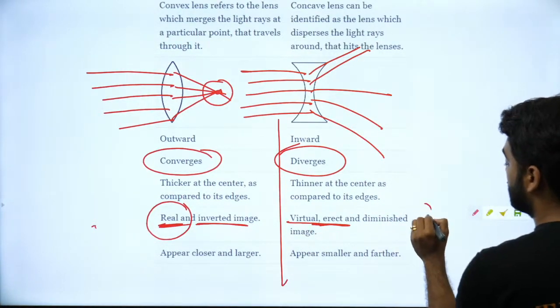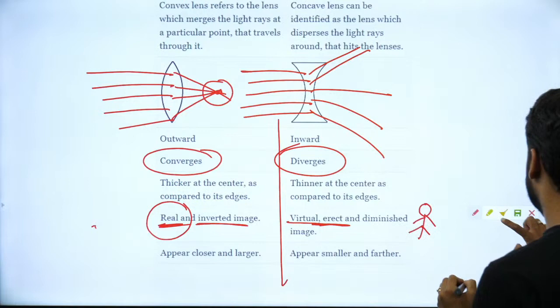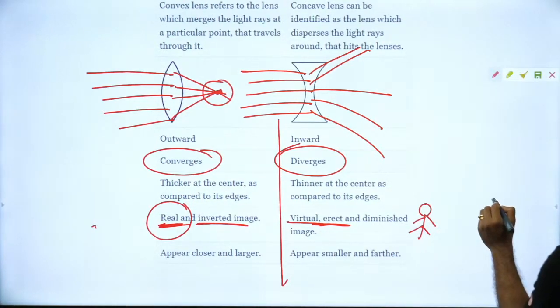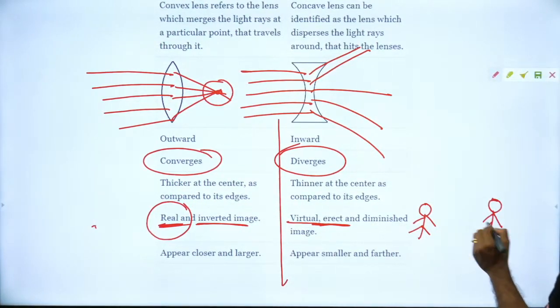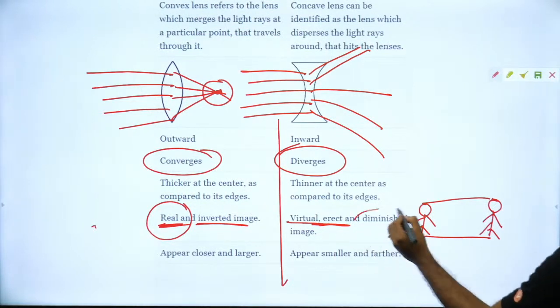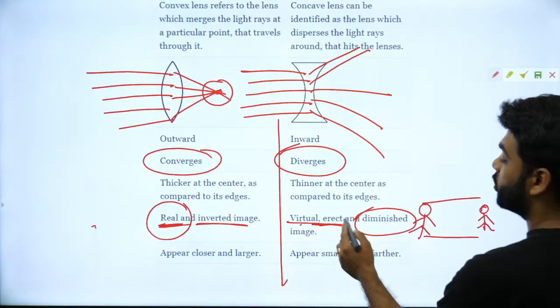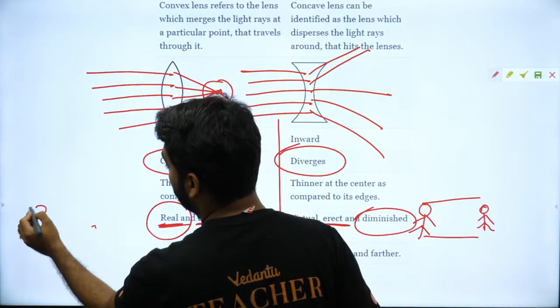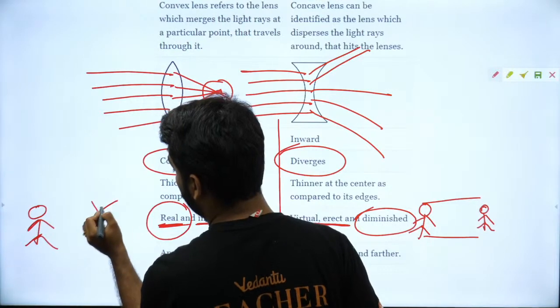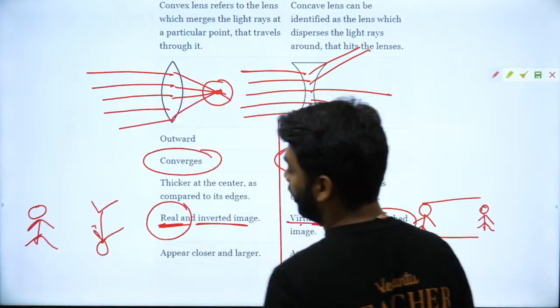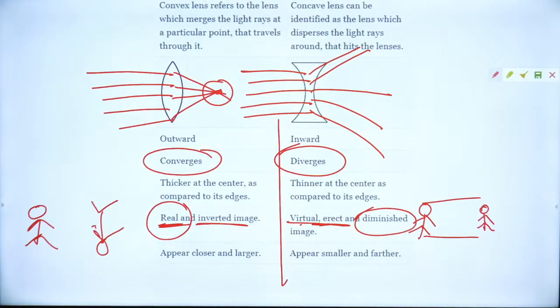Erect means this is the object, this is the image. That is called erect. But the size will be diminished. So concave lens will form virtual, erect and diminished image, and convex lens will form real and inverted.